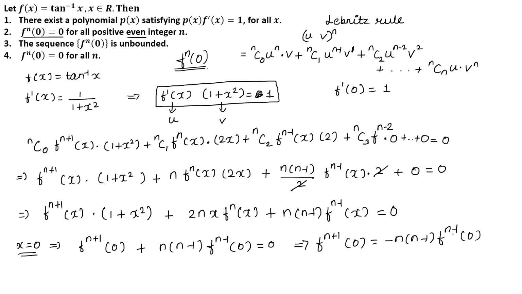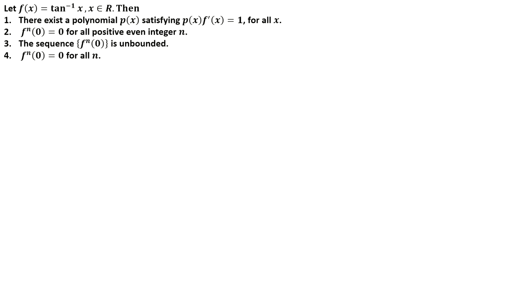Now let us find the correct answer. We have f_{n+1}(0) = −(n−1) f_{n−1}(0), and keep in mind that f'(0) is equal to 1, that is f_1(0) is 1, and f_0(0) is equal to 0. Now let n equal 1.